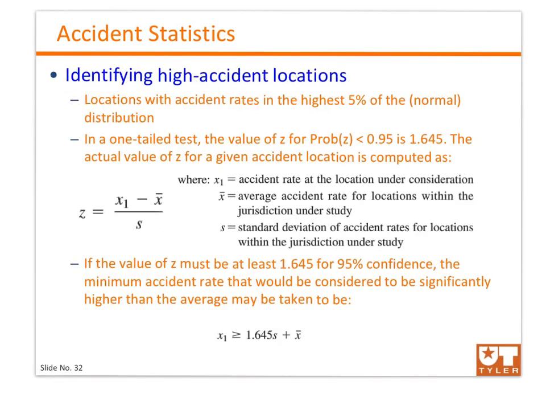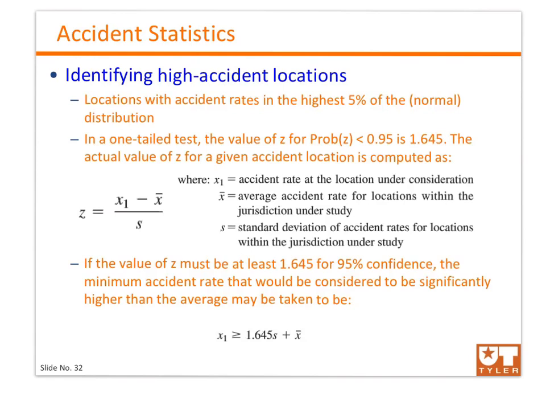Another type of statistics that we like to do in certain locations is to identify high accident locations. We can do all the rates that I talked about in the last couple slides from the city perspective or from a state perspective, but sometimes you have one or two headache locations, intersections in your city that have high accident rates, and you want to make a distinct conclusion that this location has a significantly high accident rate from a statistical point of view.